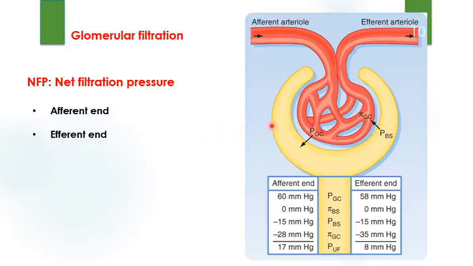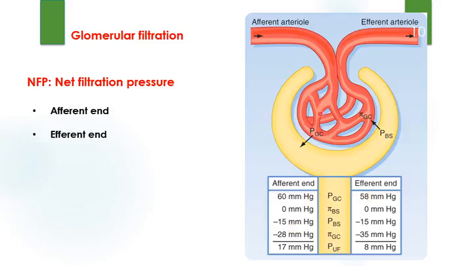But the values at the afferent end and efferent end differ in some way. For example, hydrostatic pressure at the afferent end is a little higher compared to the efferent end.